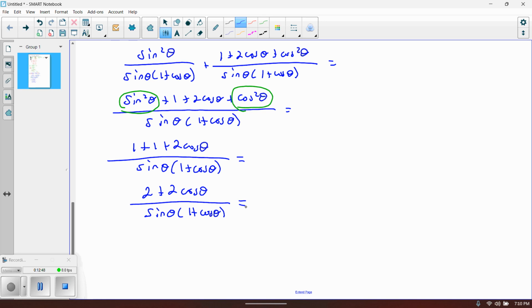Okay, it's getting a little bit simpler. You should hopefully see you can factor a 2 out of the numerator. And this is really good.